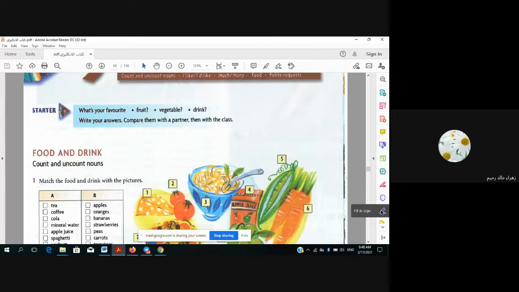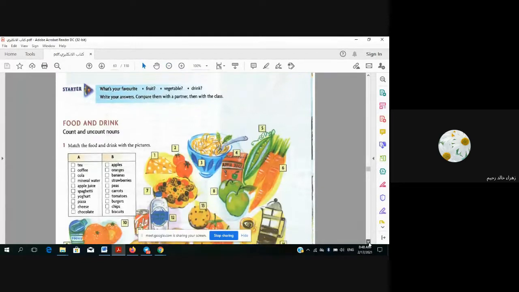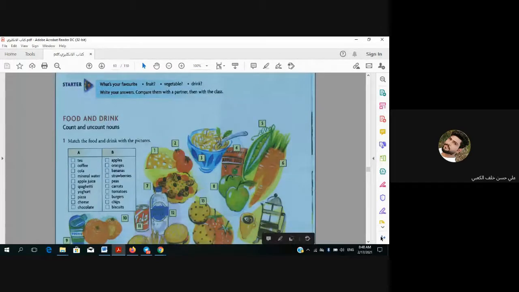Yes, in the last lecture we reached Unit 9 and we talked about countable and uncountable nouns, right? الأسماء المعدودة وغير المعدودة. And we learned that some nouns are countable and some nouns are uncountable.